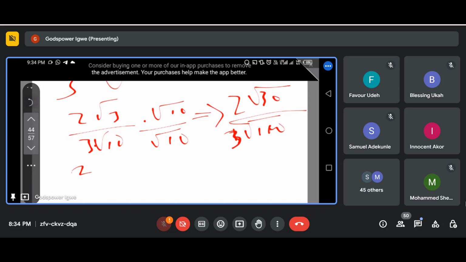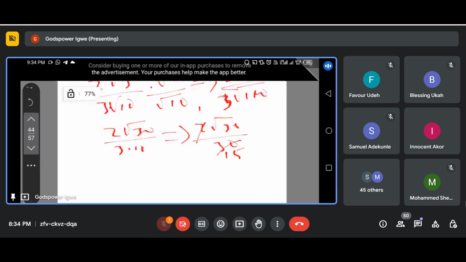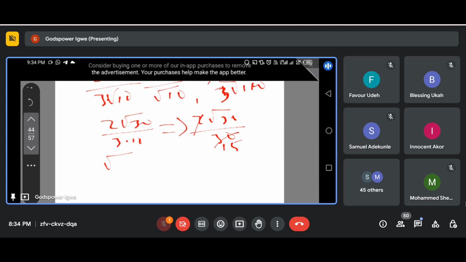So we say this is going to give us 2 root 30 all over 3 times 10, which is 2 root 30 all over 30. So we can cancel the 2 with the 30, giving us root 30 all over 15. This becomes the answer.